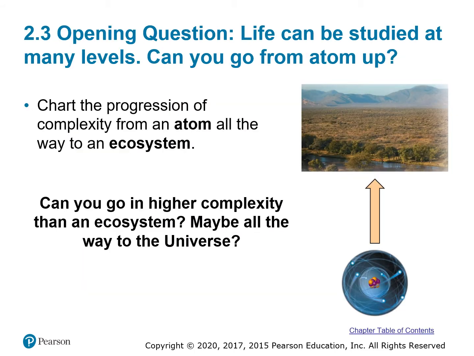As we think about life on Earth, we can go up in complexity from a very tiny atom to combining to molecules, all the way up to the biodiversity that we see among plants and animals and their interactions with non-living things at the level of ecosystems.